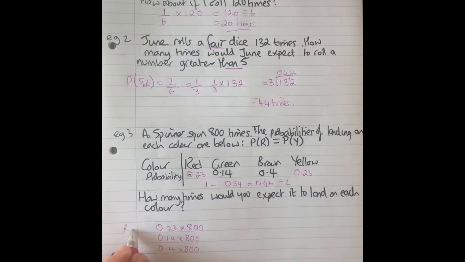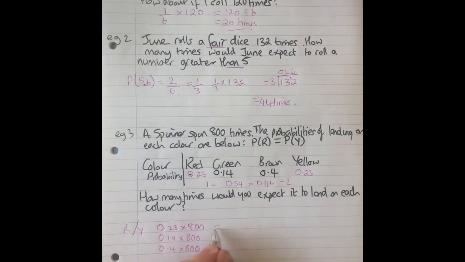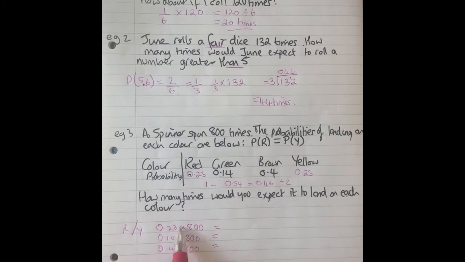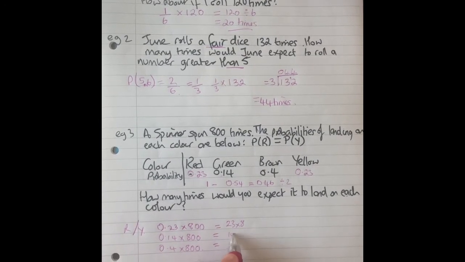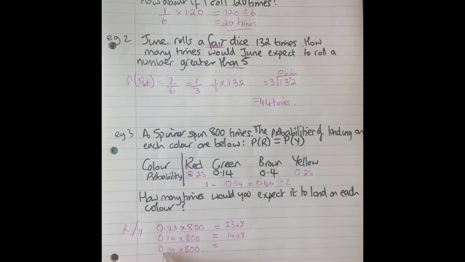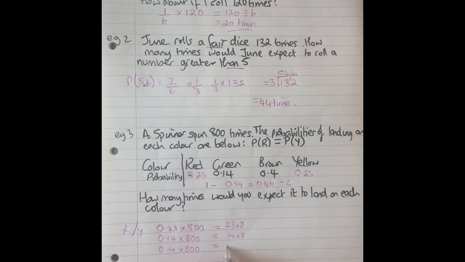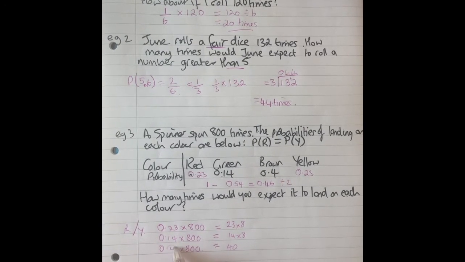So that was for red and yellow. Right, if you times by 100, that'll be 23. So that's the same as 23 times 8. Same with this one, that one's the same as 14 times 8. And that one's the same as 40 times 8. Just be careful, it's not 4 times by 100, be 40 times 8.